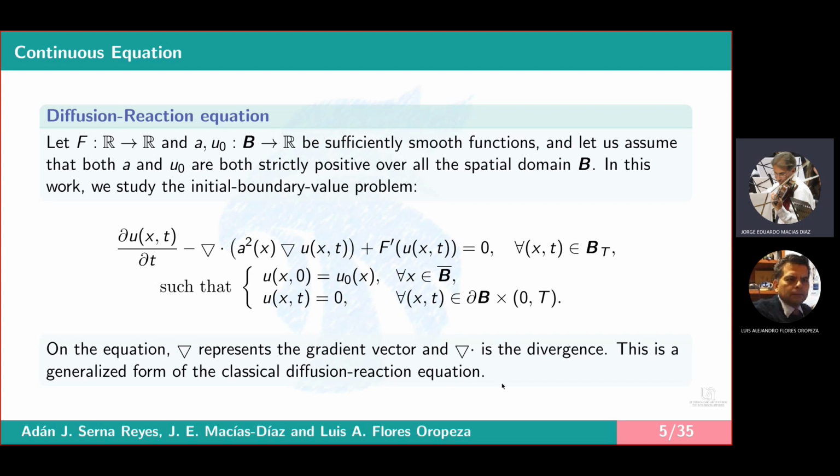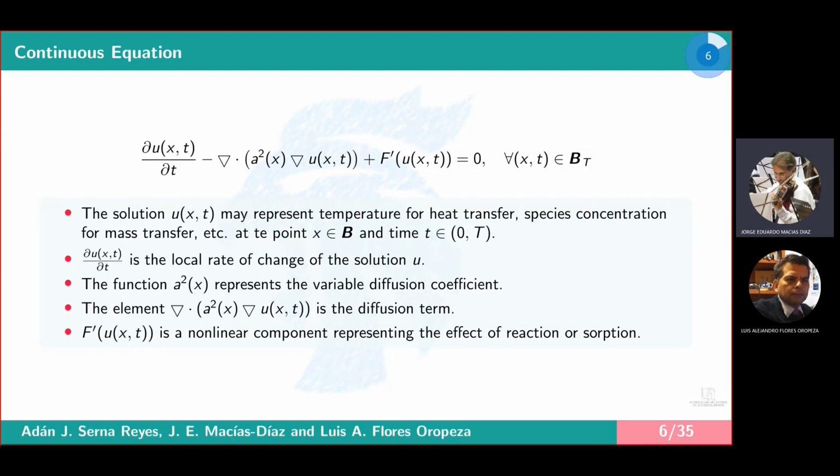As we mentioned here, this is a generalization of the classical diffusion-reaction equation, in which the first term represents the instantaneous rate of change. The second term represents the diffusion, which depends on space. And finally, the last term represents the reaction term.